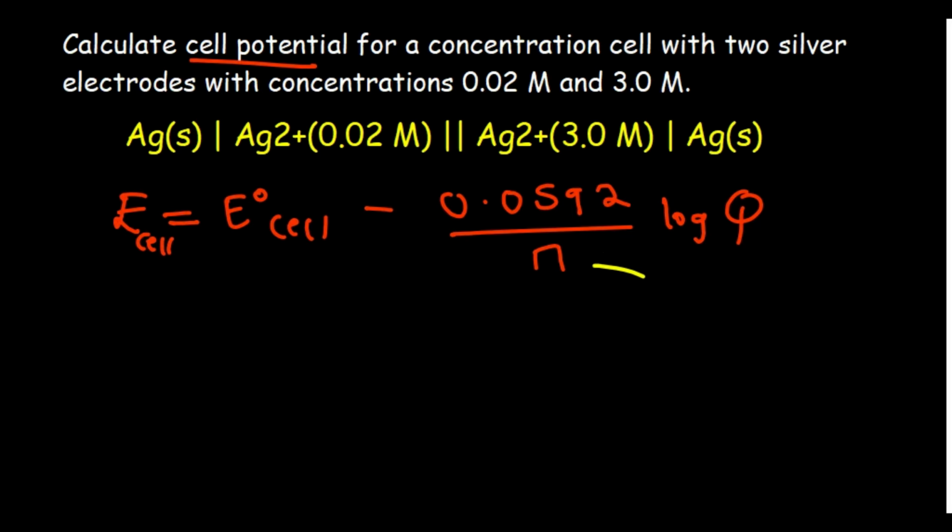The n denotes the number of electrons being transferred. The quotient Q looks at the ratio between the concentrations, this is the standard cell potential, and this is what we're trying to find, the cell potential. We've said the standard cell potential in a concentration cell is 0.